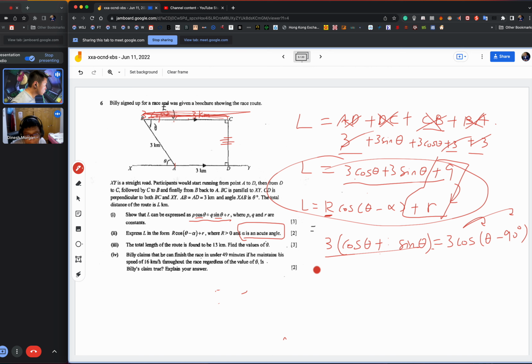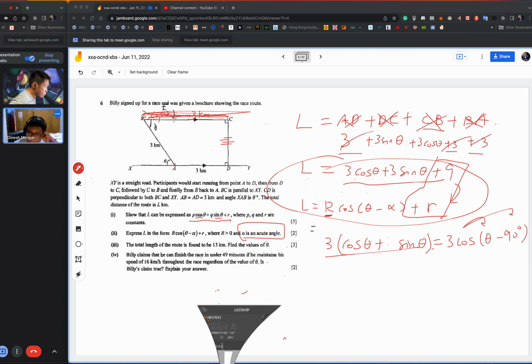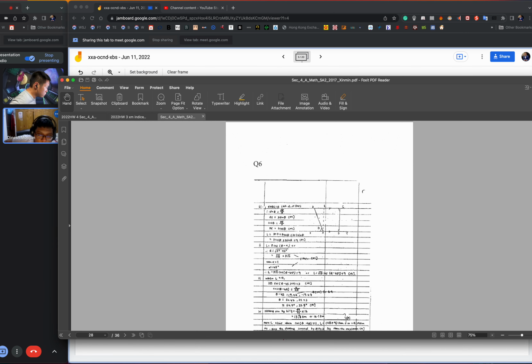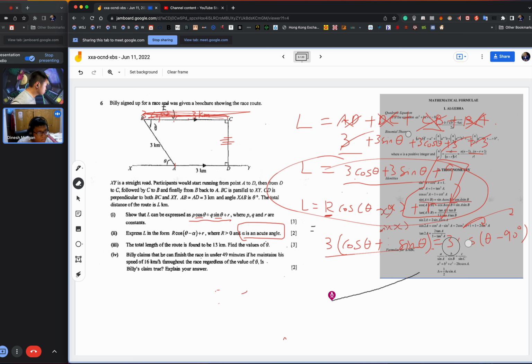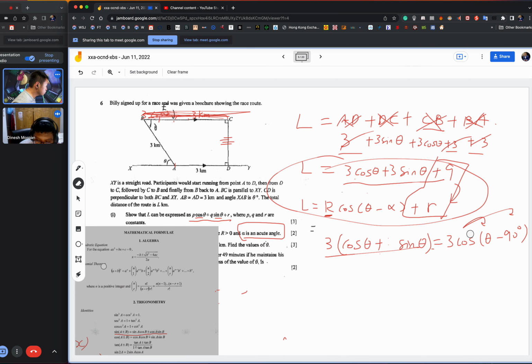I take out the common factor 3, and then I get this, so this proves to me it is wrong. By the way, can you move the formula to the, yeah, thank you. So this is wrong.